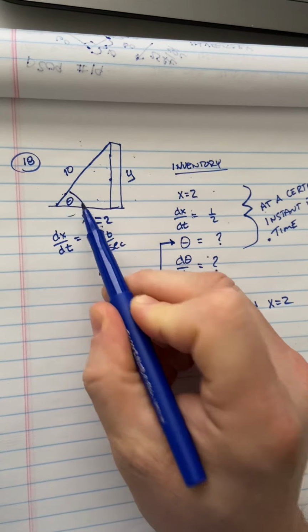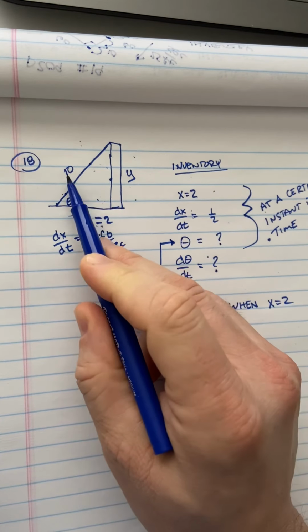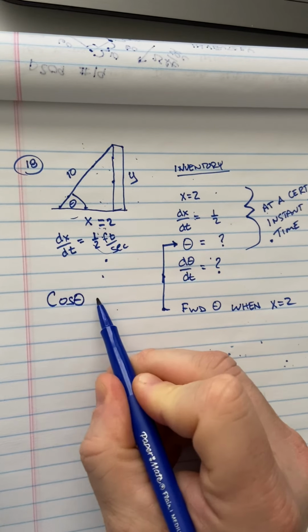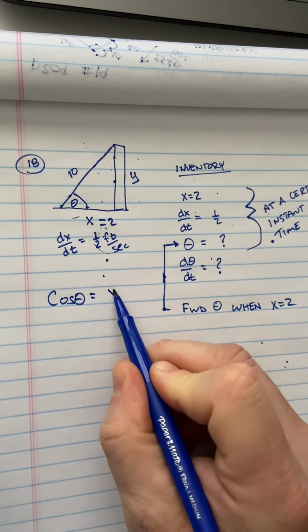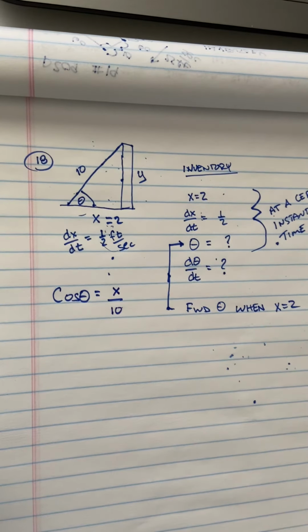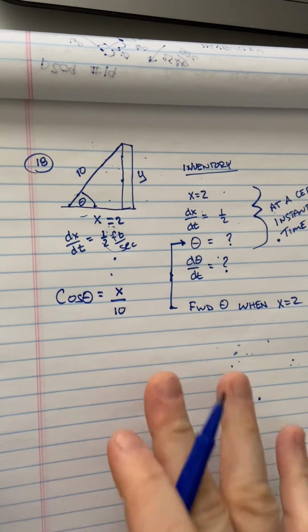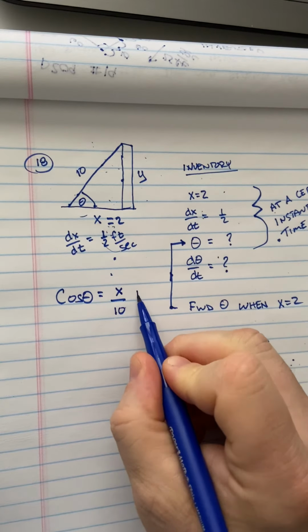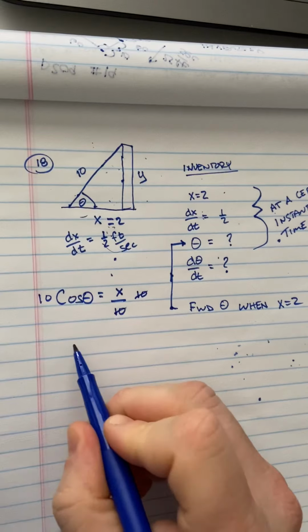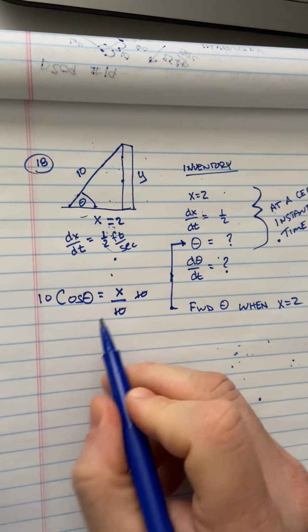So the cosine equals adjacent divided by the hypotenuse. The cosine of theta equals x divided by the hypotenuse, which is a constant 10. I'm going to solve this one for x before I take its derivative. Boom, it's gone. And then it's time to use calculus.